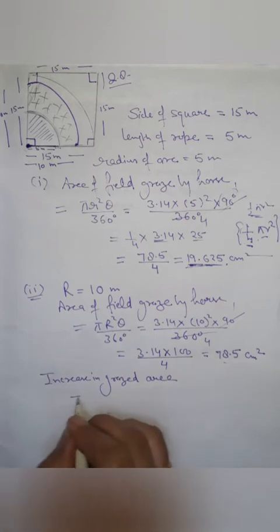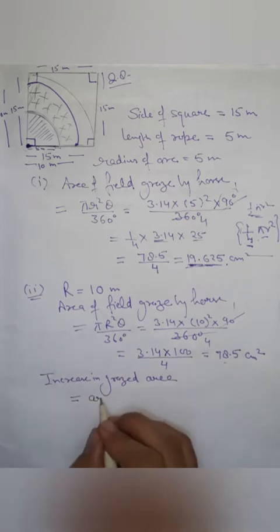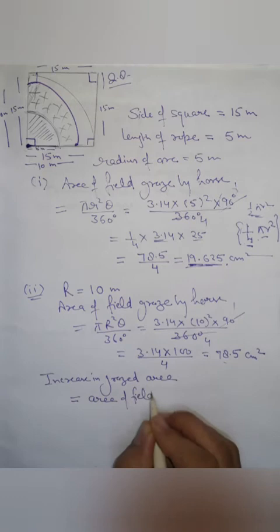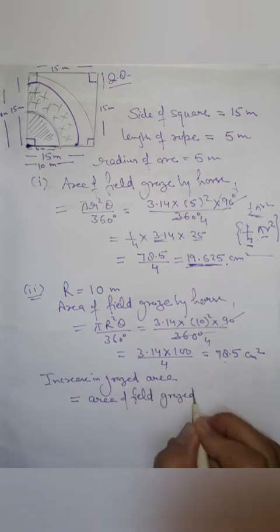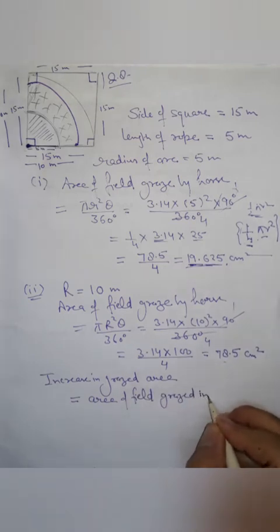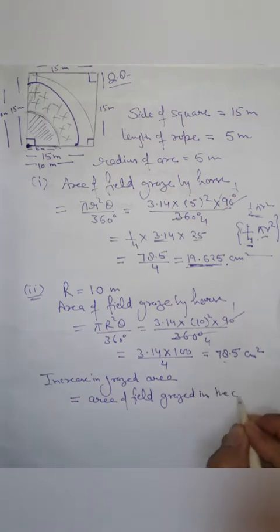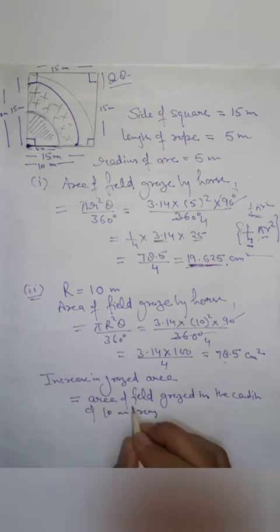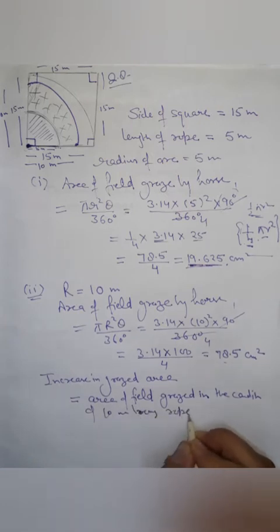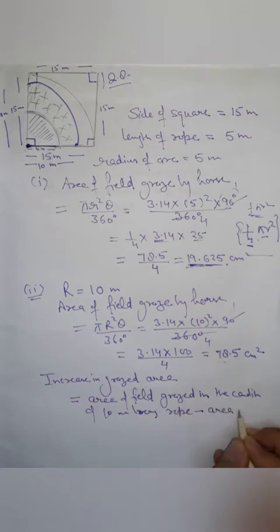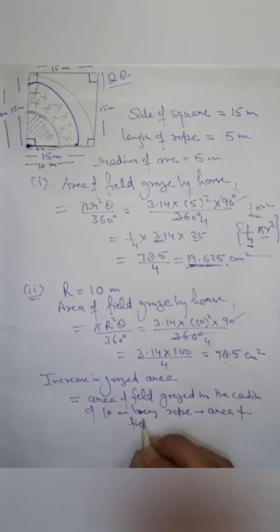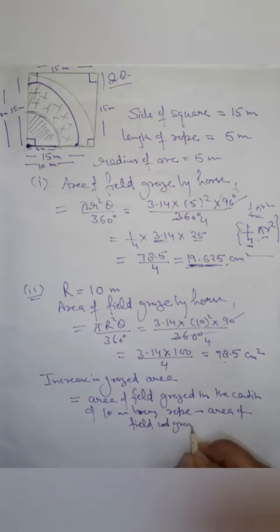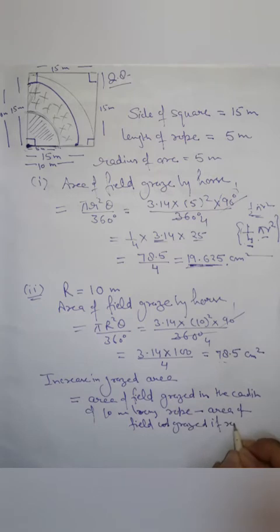So increase in grazed area will be equal to area of field grazed in the condition of 10 meter long rope minus area of field grazed if rope is 5 meter long.